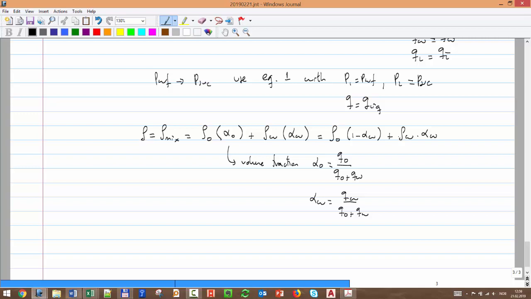Okay? And the thinking behind it is, if you have a column filled simply with one fluid, oil, you have some hydrostatic pressure difference, okay, between top and bottom. Now if I fill half and half, and they have to be on a volume basis, now I'm going to have a different hydrostatic pressure, okay.